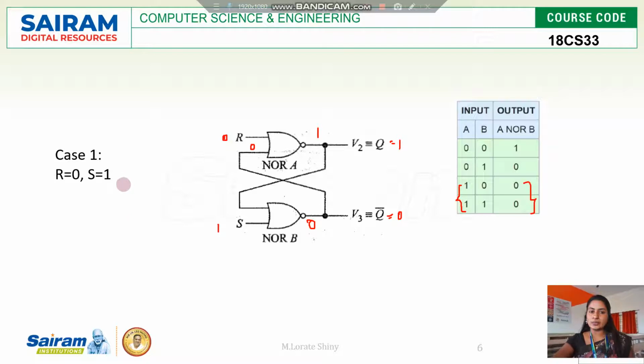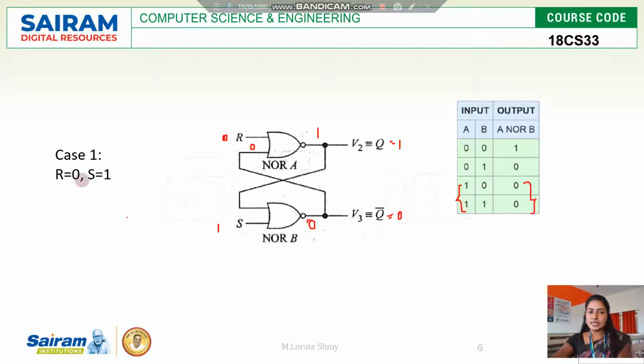This is the first case, 0, 1. Second case we'll see 0 and 0, both are 0. R is also 0, S is also 0. I told that at that time Q must be the last state, Q bar also the last state. So we'll see what is the last state.